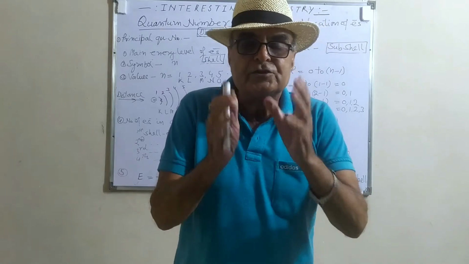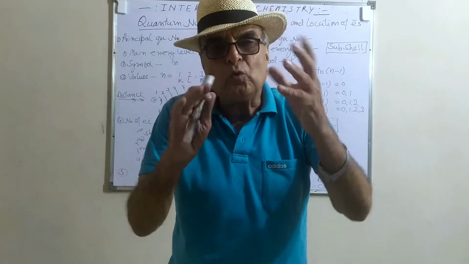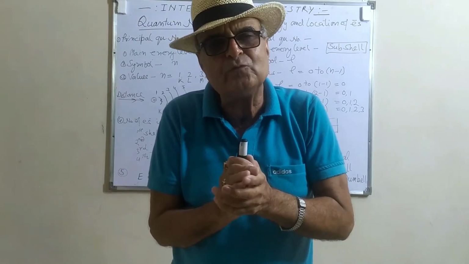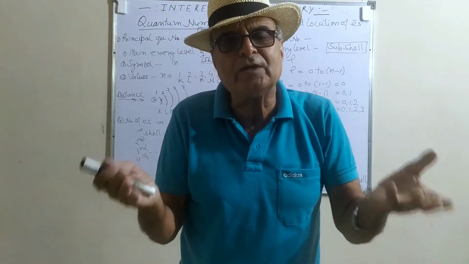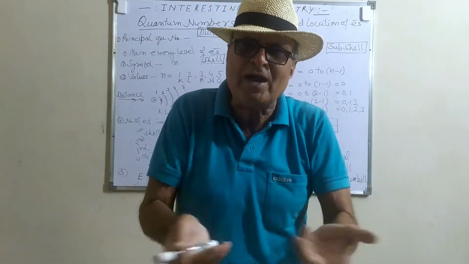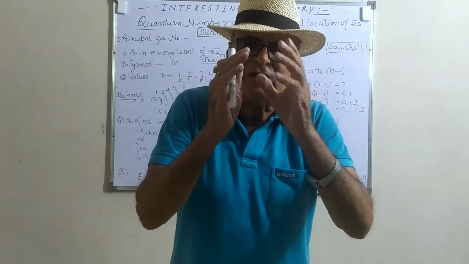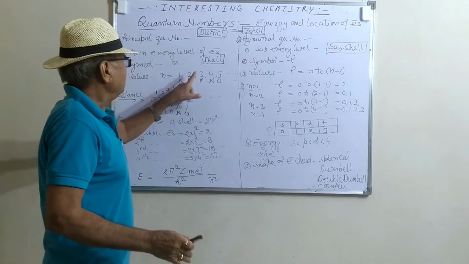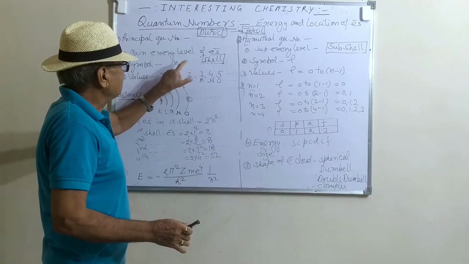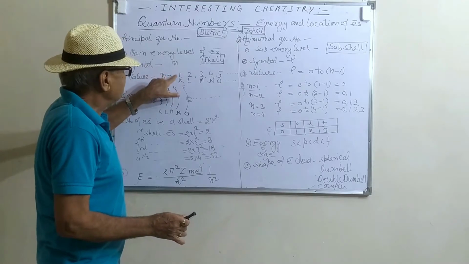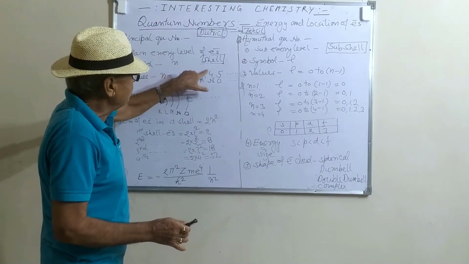Now, this L has so many values. How will you calculate the value of the azimuthal quantum number L? It means, how will you find the number of subcells in a particular cell, or principal quantum number: in the first cell, second cell, third cell, fourth cell?